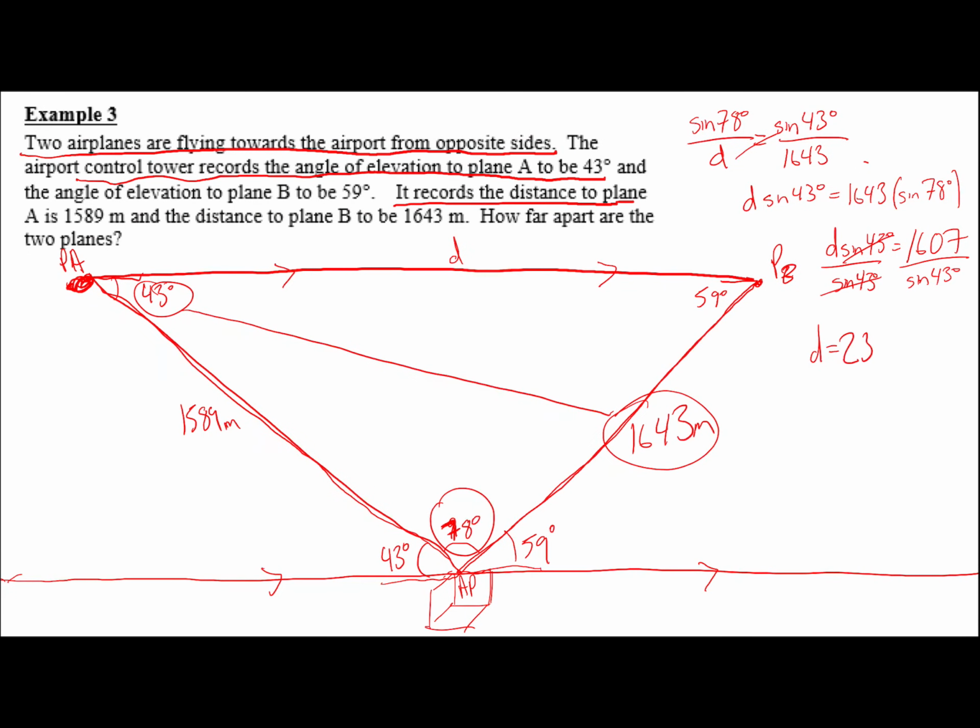D equals 2356. Therefore, the planes are 2356 meters apart. And that's your final answer. Okay, that's it. Thank you.